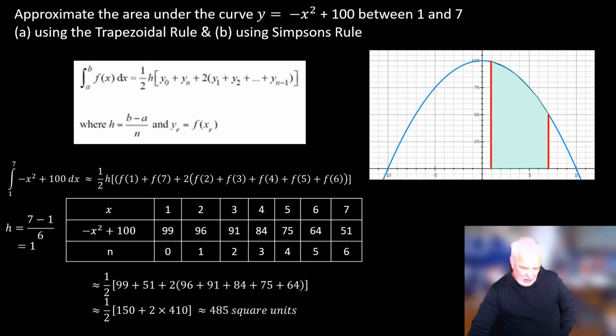I've put square units there to be sure. It's not absolutely necessary where we're using the definite integral. Oh, yes, it is in this case because we've been asked to find the area. So it must be in square units because area is referenced in the question. So that's most important.